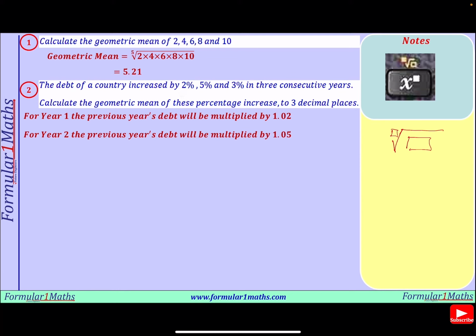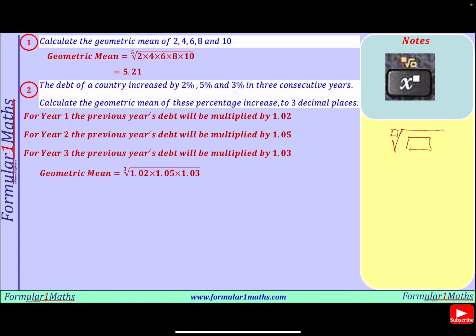For the second year, the previous year's debt will be multiplied by 1.05, and the same for the third year, to be multiplied by 1.03 because it's 3%. And then we're going to apply our formula, cube root, because we've got 3 values. And then we'll go through the same calculator process as for question 1. And then we're going to get 1.033.